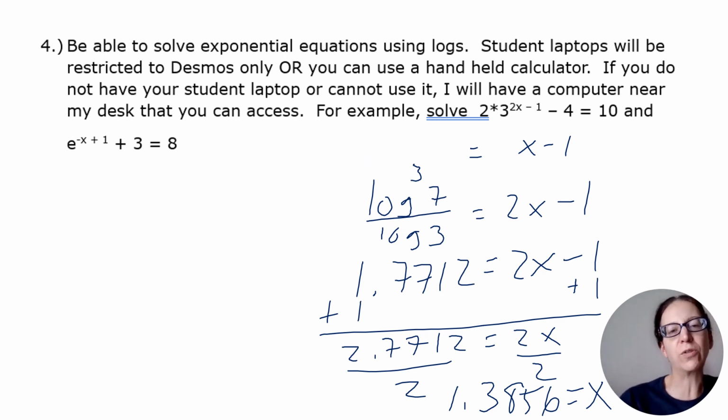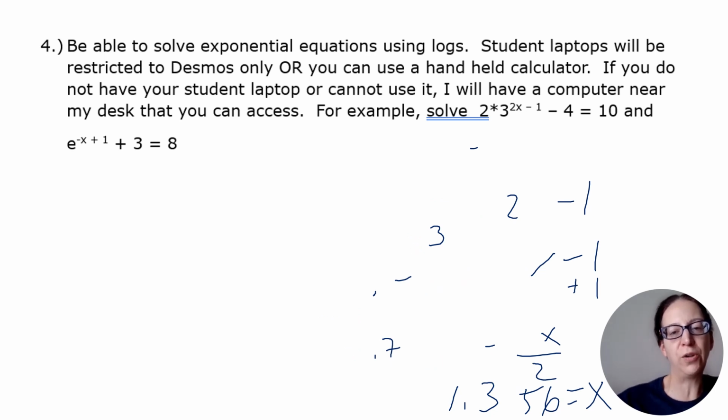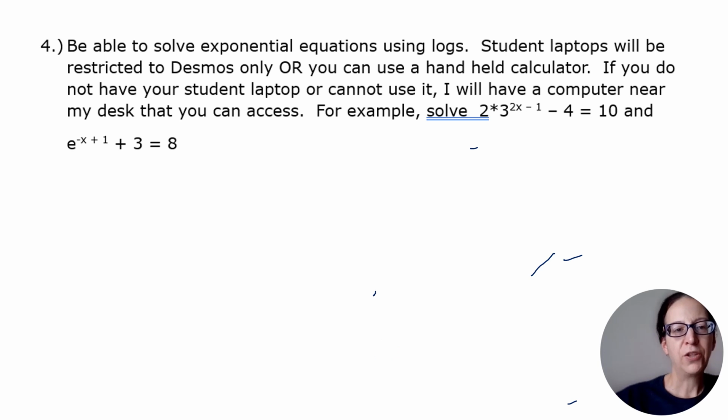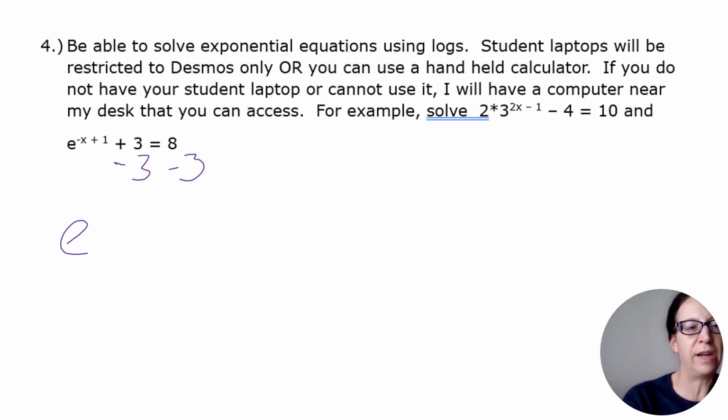And I actually worked one of these earlier in the financial part, so we're not going to belabor that. So same deal, we're going to get the exponential by itself, which in this case means we're going to start by subtracting the 3. So we have e to the negative x plus 1 is equal to 5.